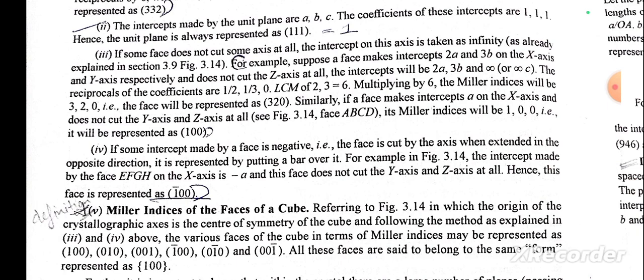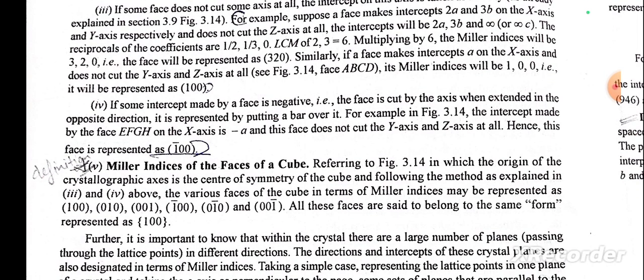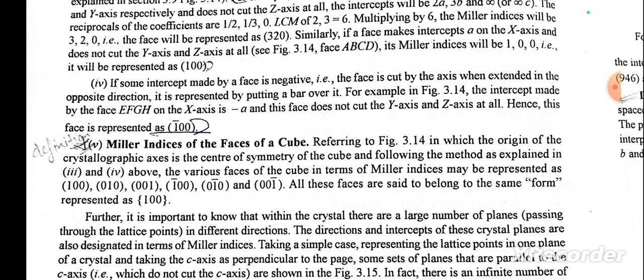The intercepts will be 2a, 3b and infinity, and the reciprocals of the coefficients are 1/2, 1/3 and 0. The LCM of 2 and 3 is 6, and multiplying by 6 gives 3, 2, 0, so the face is represented as (320). Similarly, if a face makes intercept a on the x-axis and does not cut the y-axis and z-axis at all, the Miller indices will be 1, 0, 0, and it is represented as (100).